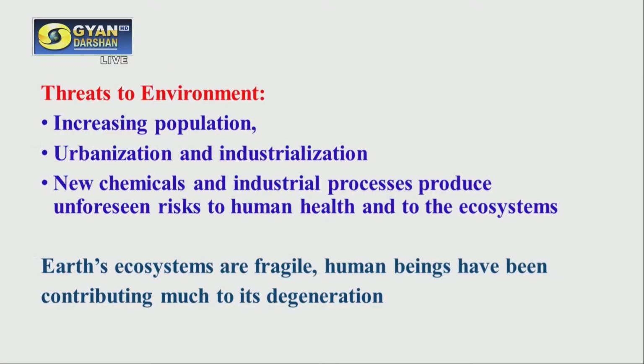Then new chemicals and industrial processes. Because these factories are using different chemicals for producing many things, which ultimately we use in our life. And in these processes, we are using many chemicals which are very toxic, like pesticides, insecticides, the paints that we use for our buildings, and plastics.